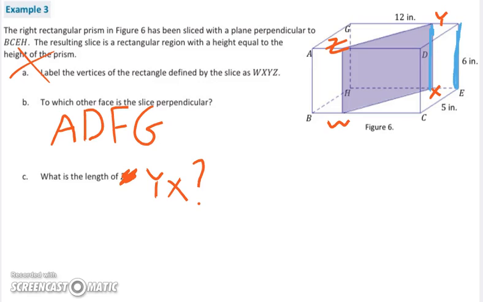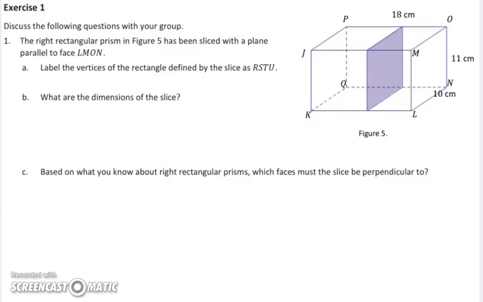So yes, the length of YX should be 6 inches. I keep saying ZY. We want it to say line YX is equal to 6 inches, right? If you need more time, hit the pause button because we're moving on to the next slide.